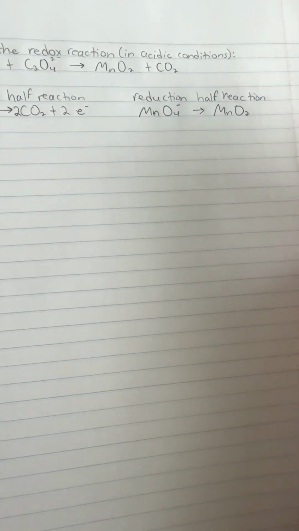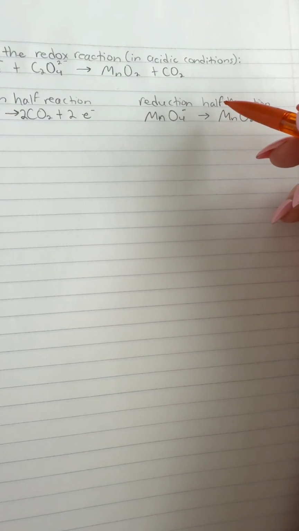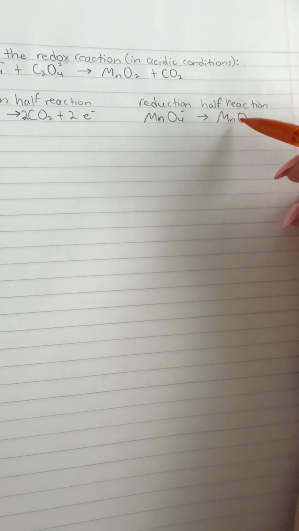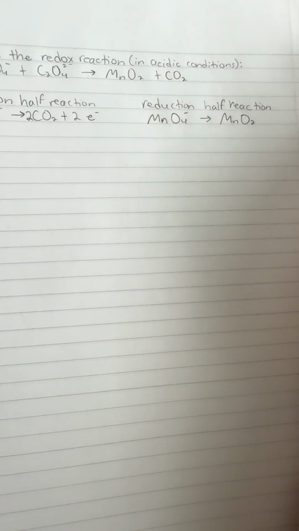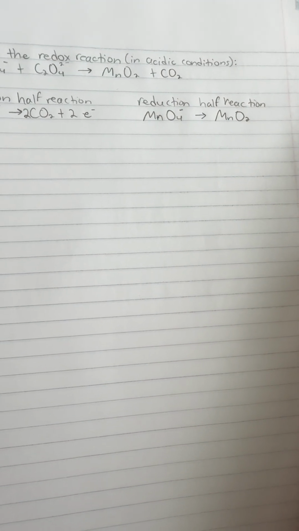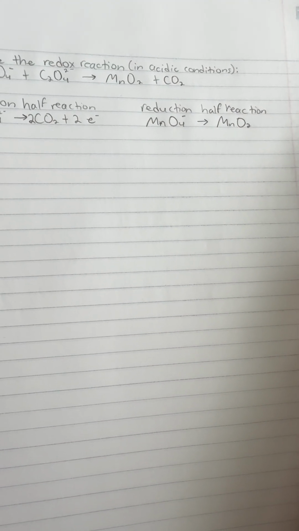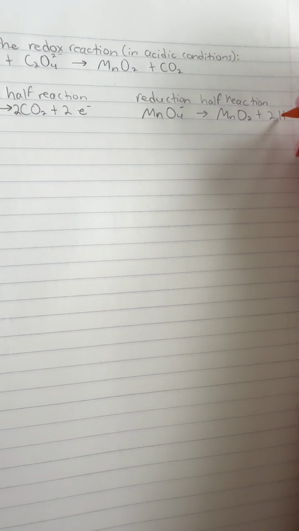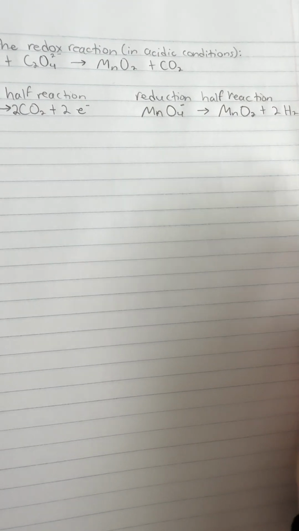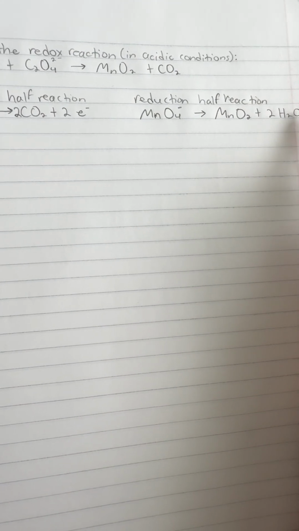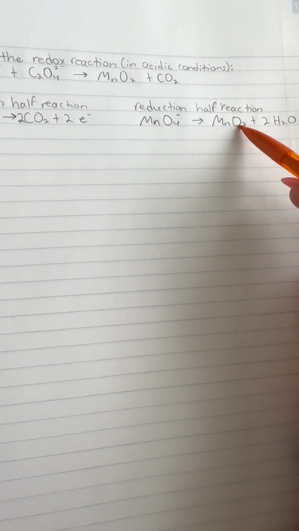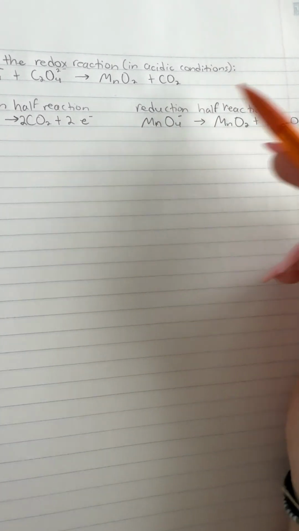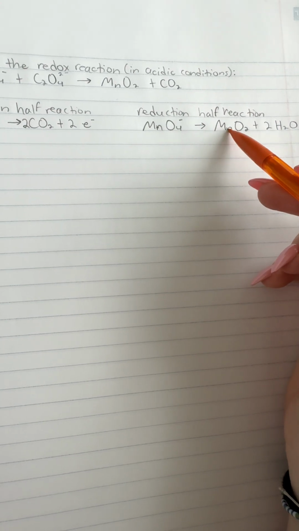The easiest way to balance this out, instead of adding large coefficients or balancing this side and having to fix it on this side, would be to add 2 molecules of H2O. Because this way, we get our balanced oxygen atoms, and then we don't really have to worry about messing with any of our manganese.